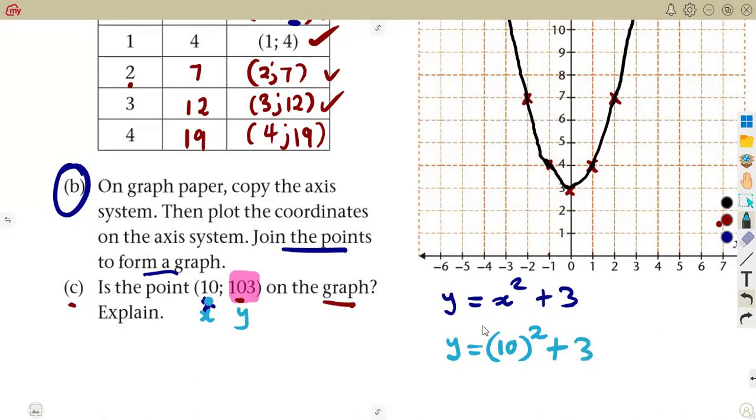So 10 squared is 100 and 100 plus 3 is 103, which is giving us exactly what we are given there. Thus, truly, this point lies on the graph. It satisfies the equation if you substitute that.